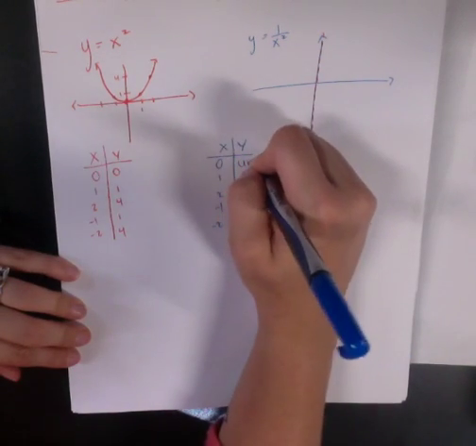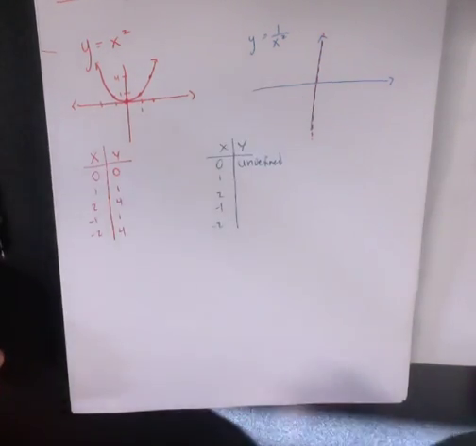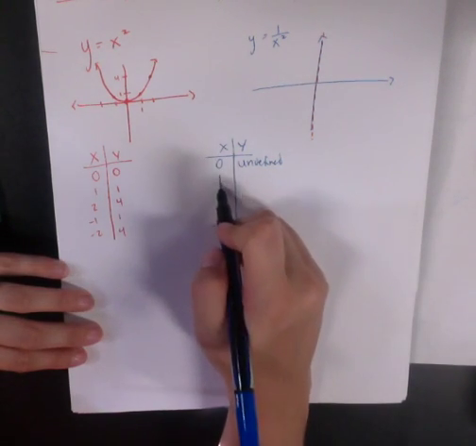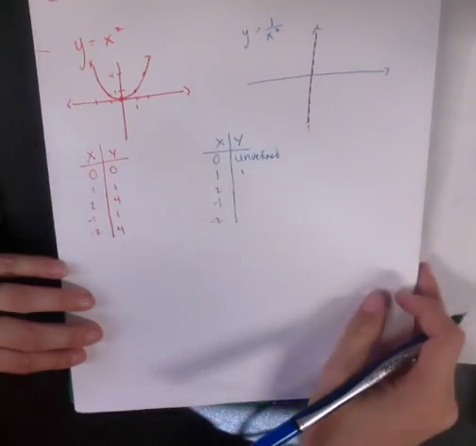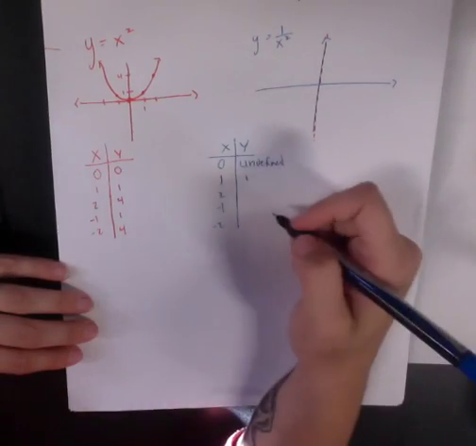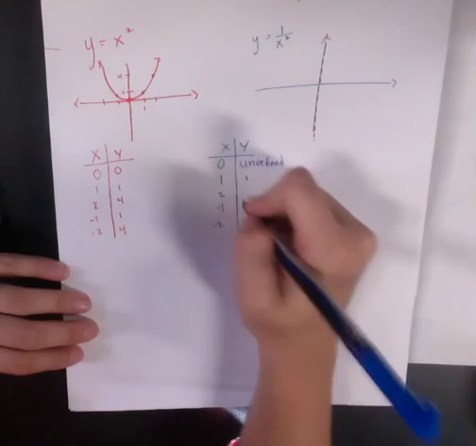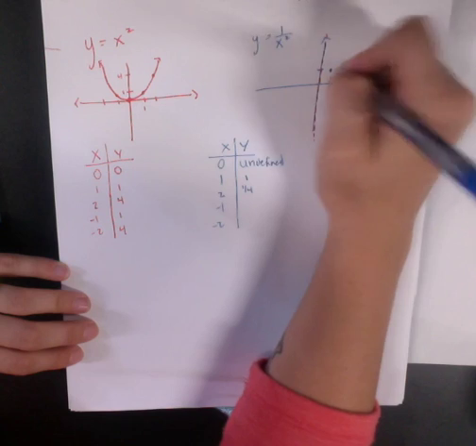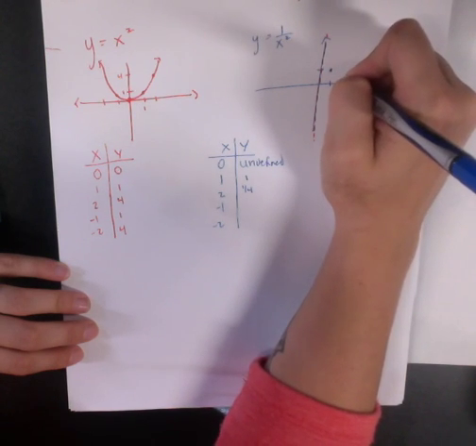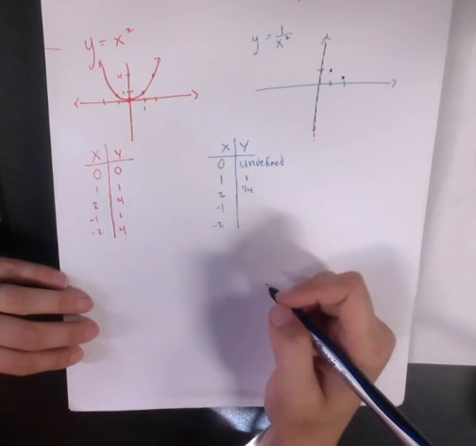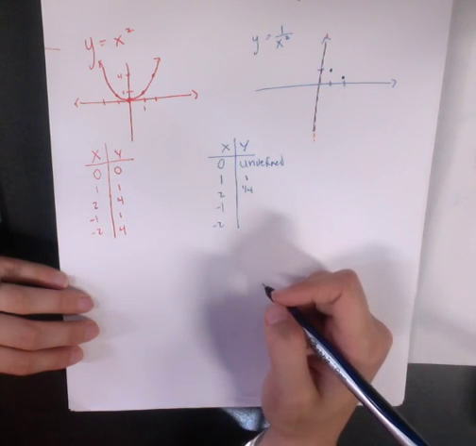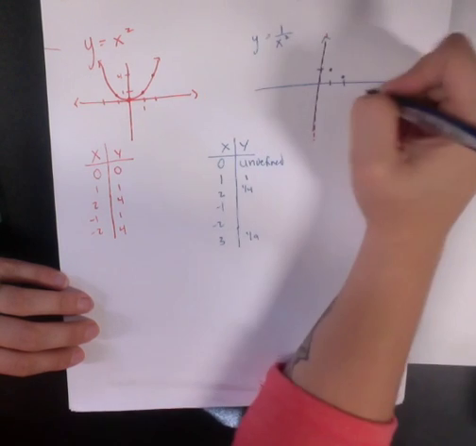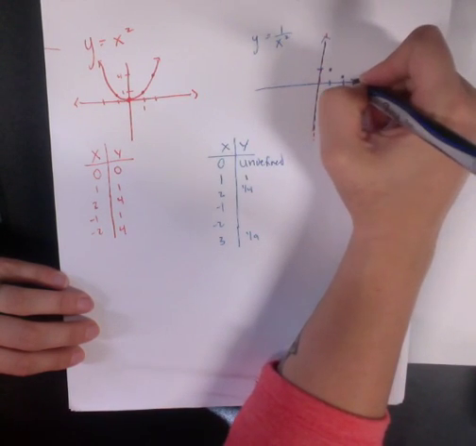Now again, at 0, we are undefined. We can't be at 0. Now, at 1, the reciprocal of 1 is 1. Now if I plug in 2, I get the reciprocal, which is 1/4. Let me graph 1, 1. And then 2, I get a 4th down there. I think it looks like I might need to do another positive number, 3. I'll get 1/9, so we can kind of see what's happening.